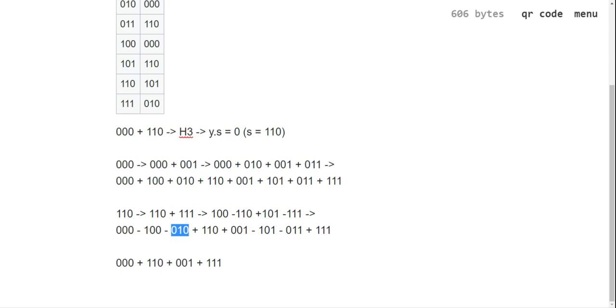It seems to me your starting point in this case is 1, 1, 0. That's the starting point, and this gives you a negative sign for the following: 1, 0, 0, 0, 1, 0, 1, 1, and 0, 1, 1.